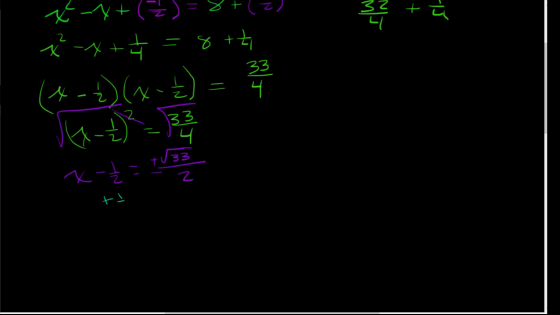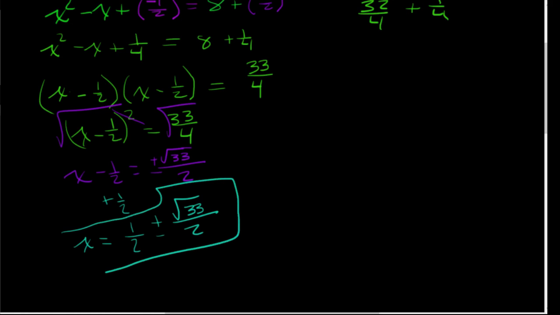So now we'll just add 1/2, and we get x is equal to 1/2 plus or minus the square root of 33 divided by 2. Now, because the square root of 33 is an irrational number, we can't go any further than that. So this is your answer.